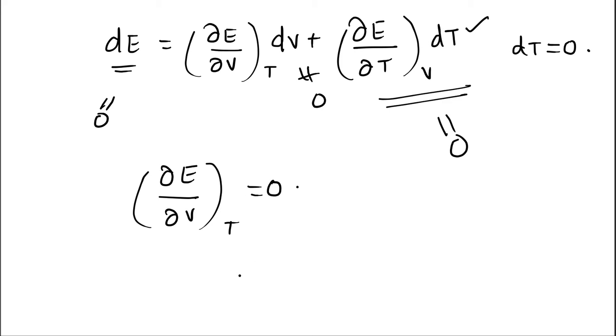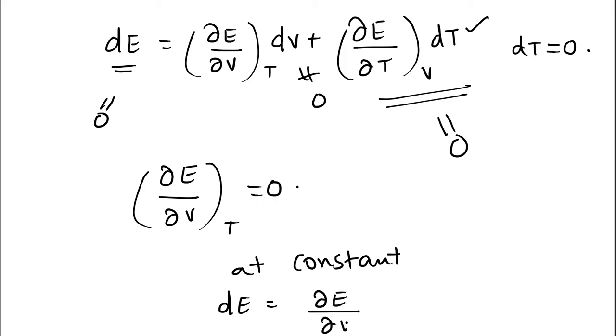So therefore we can say at constant temperature, what happens? dE is simply equal to dou E over dou V times dV. So here also it becomes 0, because dou E over dou V is proved to be 0 in Joule's experiment.